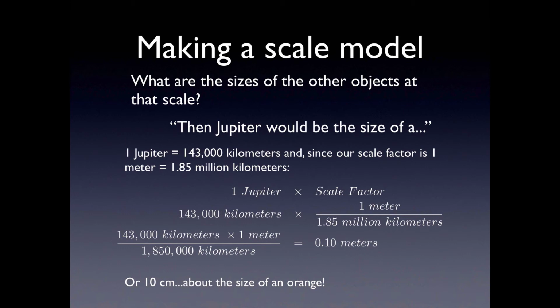That scale factor is 1 over 1.85 million kilometers. So I take Jupiter's size, which is 143,000 kilometers, multiply it by 1 divided by 1.85 million kilometers, and if I do that, I get 0.1 meters. So 0.1 meters, 10 centimeters, and 10 centimeters relative to my sun, which was 75 centimeters. So it's about the size of an orange on our scale model.